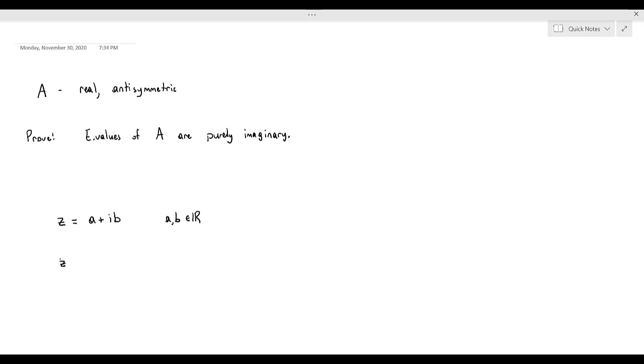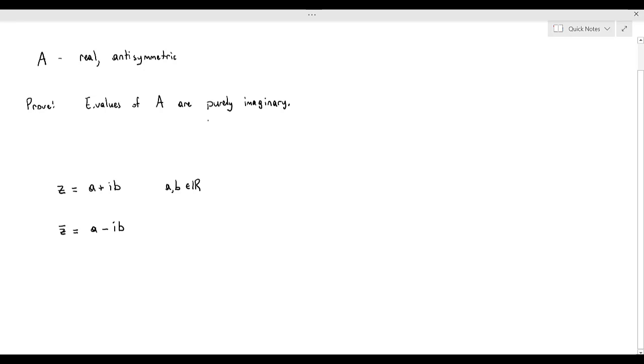Now, associated with a complex number is its complex conjugate, which we denote with a bar on top, so Z bar. The complex conjugate of a complex number is A minus IB. Likewise, the complex conjugate of A minus IB would be A plus IB. So all it's doing is just changing the sign in the middle. Okay.